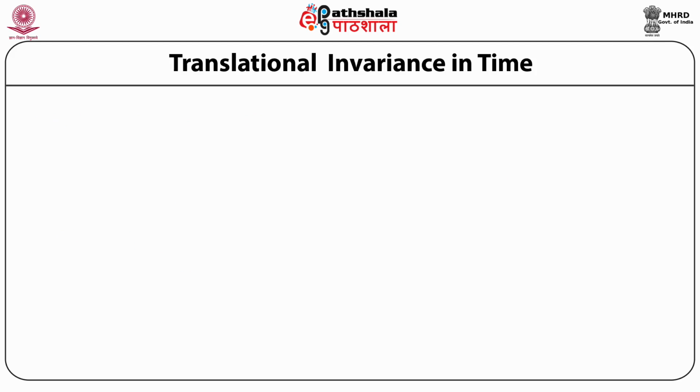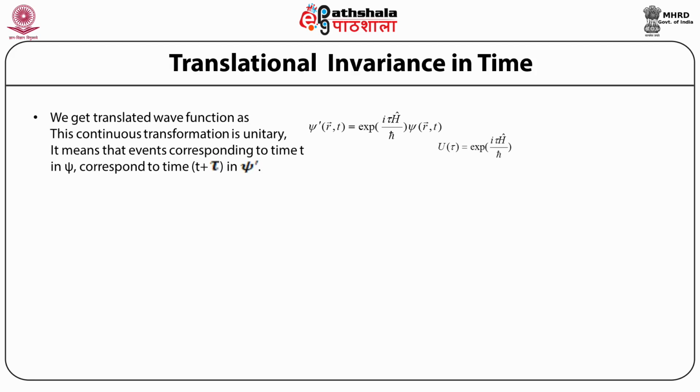Energy conservation and invariance in time. Now, based on the definition of the wave functions defined under the time transformation or translation, we get the relation for the translated wave function as psi prime as a function of position vector r and time t is equal to exponential to the power iota times tau times Hamiltonian operator h upon h cross, times the wave function psi as a function of position vector r and time t.